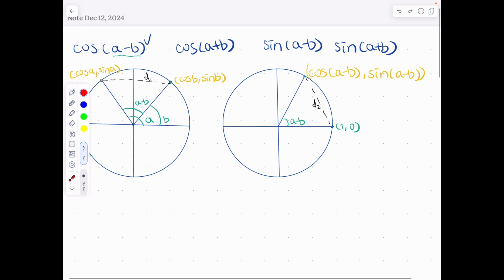So now let's see. This is the same, and this is a unit circle, right? So then this length must be equal, which means that d1 is equal to d2.